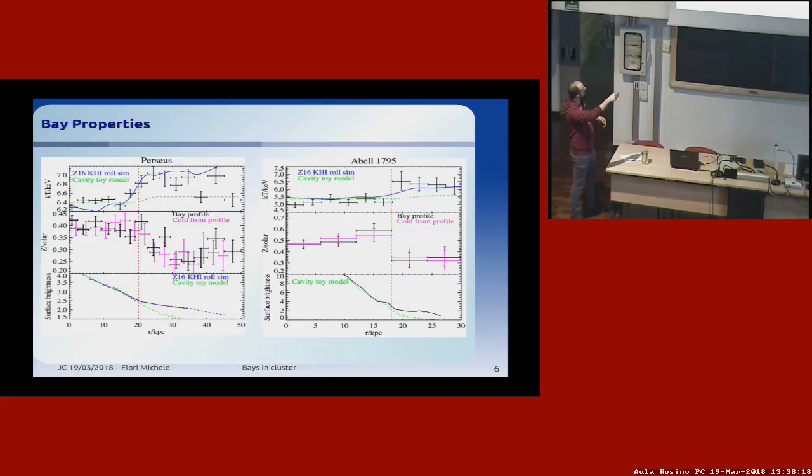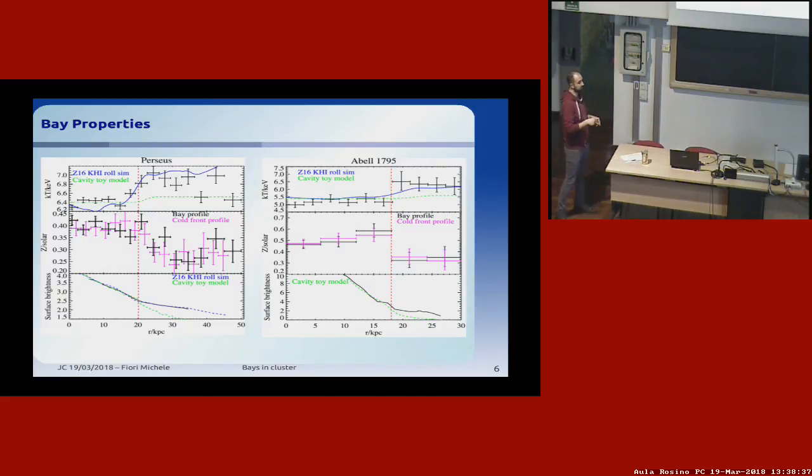The other lines I will explain after. The temperature is increasing, as I said before, from the dense side to the less dense side, and the metallicity is decreasing.